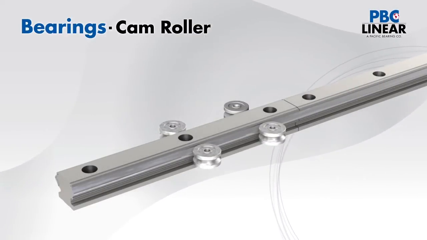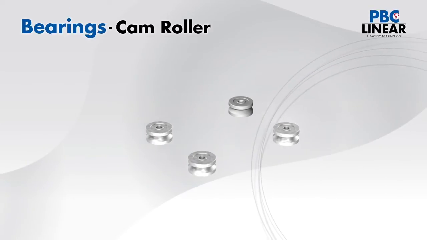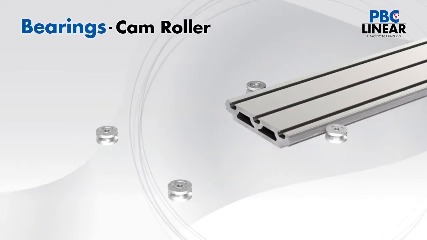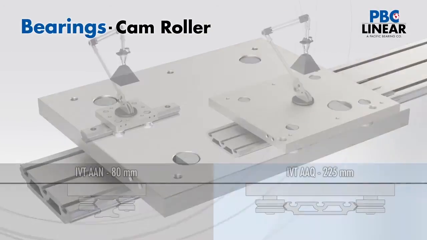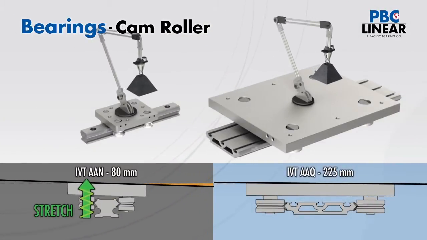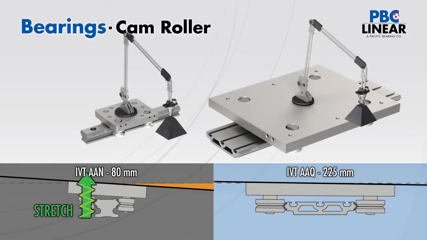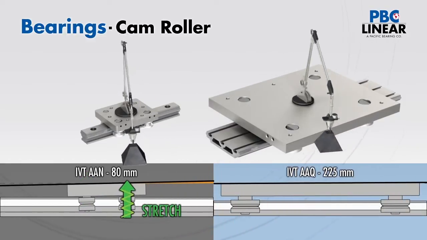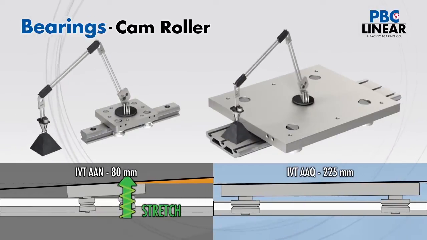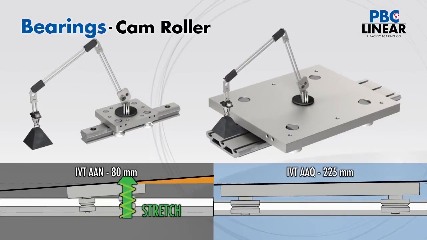Having the flexibility to spread rollers farther apart and then adjust their preload offers advantages for moment loading situations. For example, compare the difference in deflection between an IVT AAN and an IVT AAQ under the exact same preload and loading conditions.